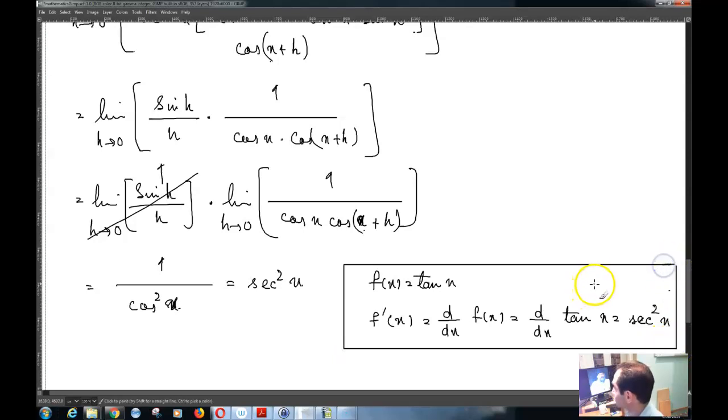So d by dx of tan x is basically equal then to secant squared x.